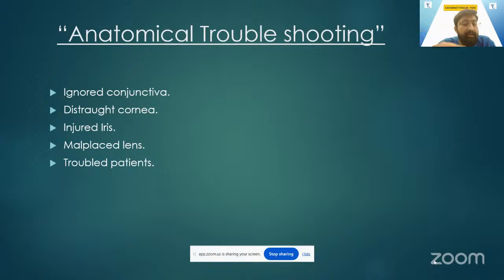The iris takes up the major brunt. Once your iris starts coming out, it's not a happy situation, and it gets messy. Your lens also gets malplaced, because trying to insert through a bad incision with your iris coming out is obviously a problem. And finally, it causes a lot of defects to the patients.